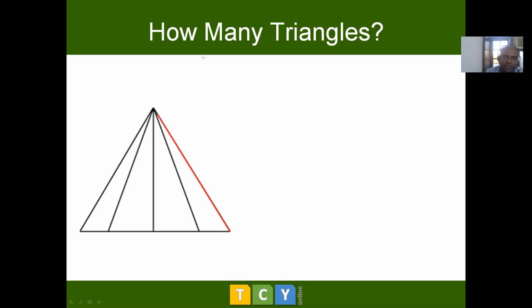So if I take the first side, the red one, then there are four options available here with which that particular side can form a triangle. So there are four options: 1, 2, 3, and 4. So there are four options available for this particular side.